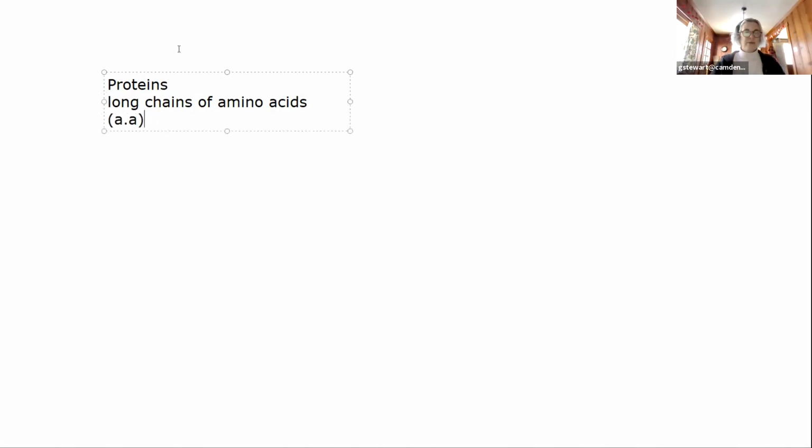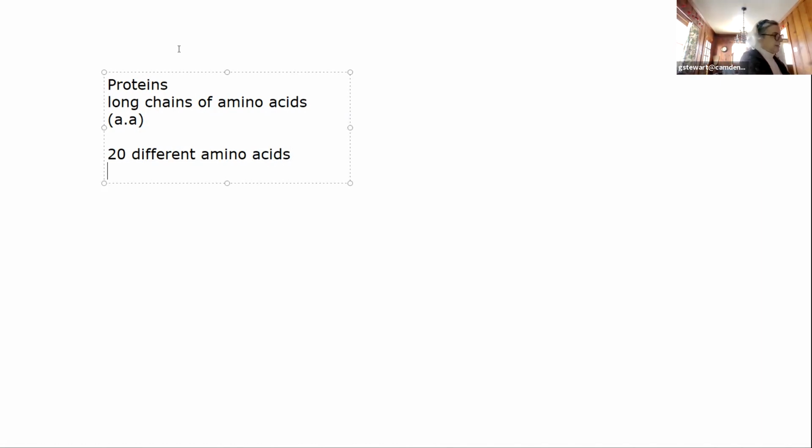There are 20 different amino acids. That's that picture in your textbook, one of the big tables in chapter 5.